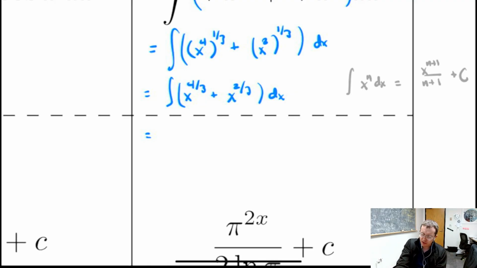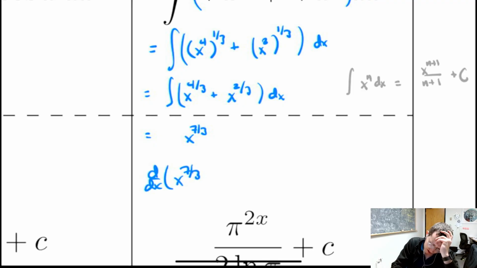But if you don't remember that exactly, how would you think through this? You would think, well, how do I get an x to the 4/3? I know that the power rule drops the exponent by 1 when I differentiate, so when I'm looking for an antiderivative, I should add 1. But then if I were to differentiate x to the 7/3, this is my guess and check strategy again, I would get 7/3 x to the 7/3 minus 1.